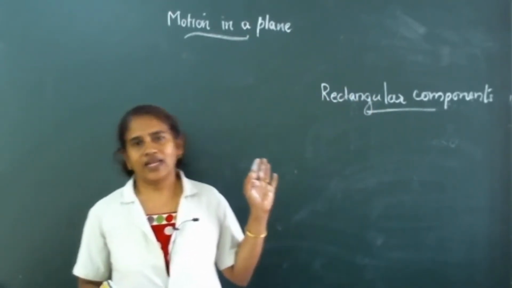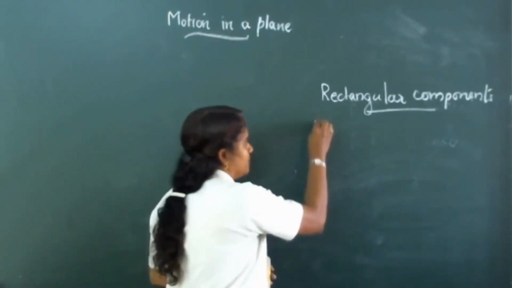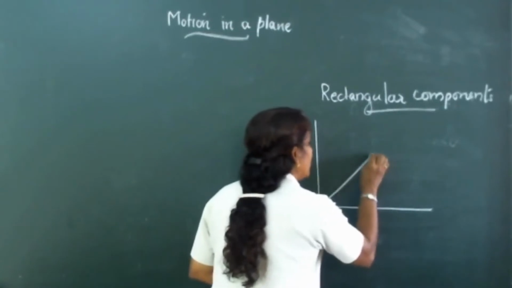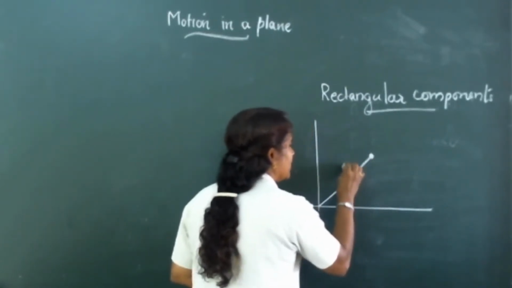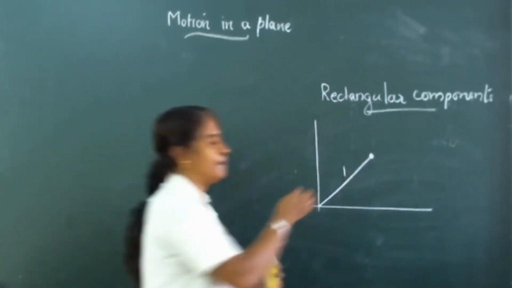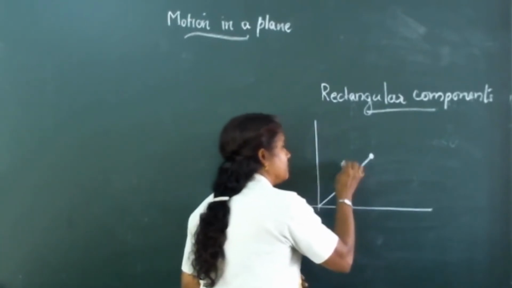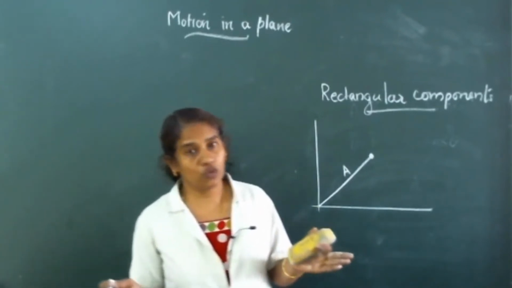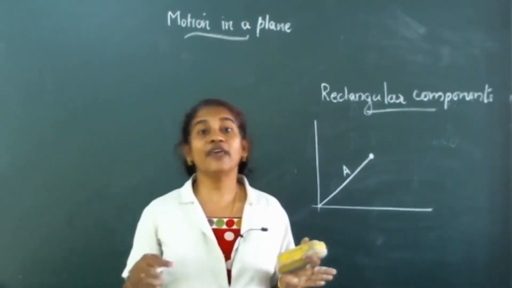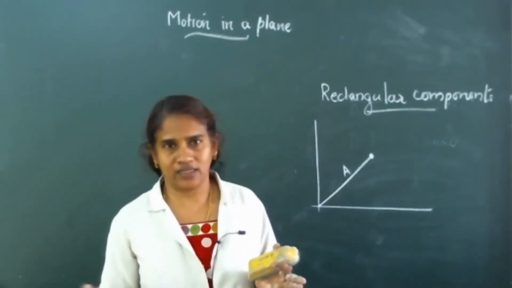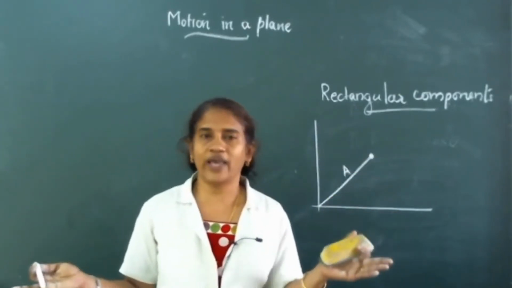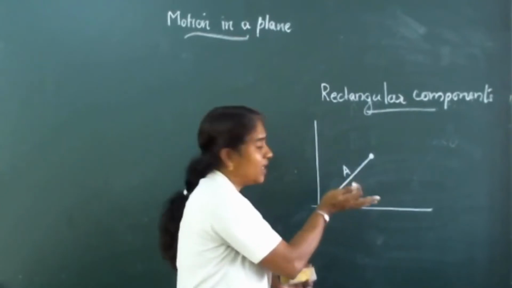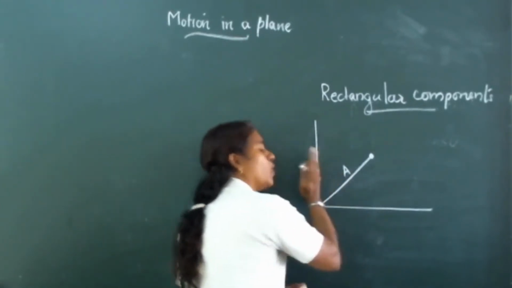If one vector is in a plane, let the vector be represented as A. It is not along the x-axis and not along the y-axis. Therefore, if we want to add such vectors, not along x or y, we have to take the components of this vector in the x direction and y direction.